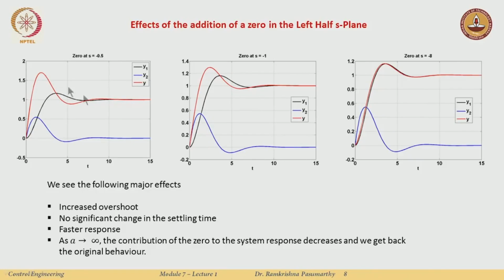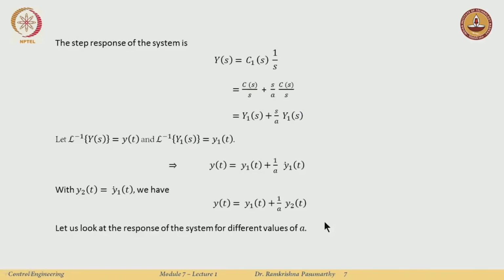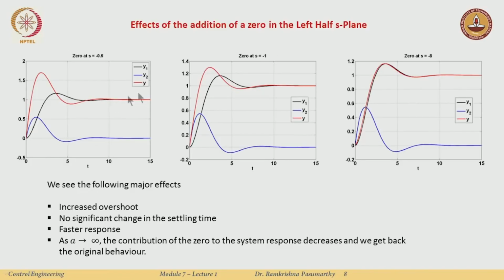Now, I add a 0, and what the 0 does is add this extra term into the response, 1 over a y2 of t. What is y2 of t? y2 of t is y1 dot of t. Okay. So, the total response y, which was y1 plus 1 over a y2, is just y, this red line here.